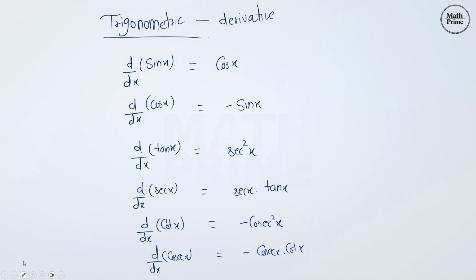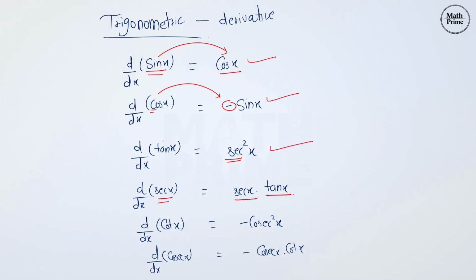Let's revise this again properly. Sin x derivative is cos x. Where there is c, there is a negative sign. Cos x derivative is minus sin x. Tan x is secant square x, and derivative of secant is secant x into tan x.